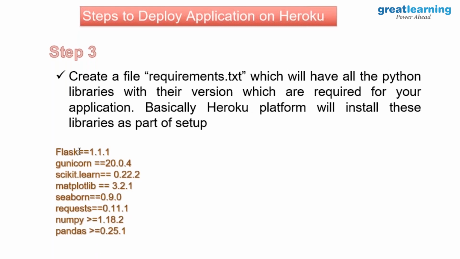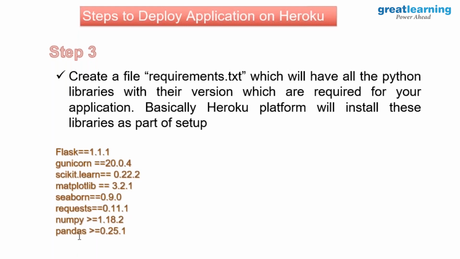So when I say Flask==1.1.1, it means load Flask version 1.1.1, right? So this configuration file or requirements file will carry the version of the library packages which you have.